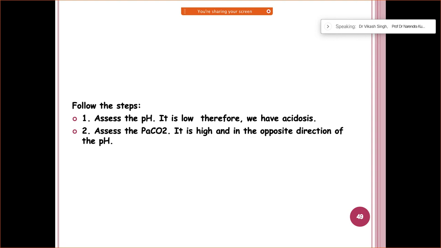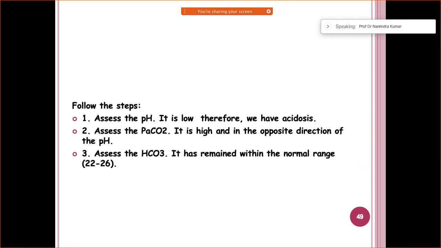So it is high, of course, but in the opposite direction. Then we try to see the bicarb. When we notice it, it is in the normal range, right? Acidosis is present because of the decreased pH with PaCO2 being increased. So what it reflects is a primary respiratory problem.